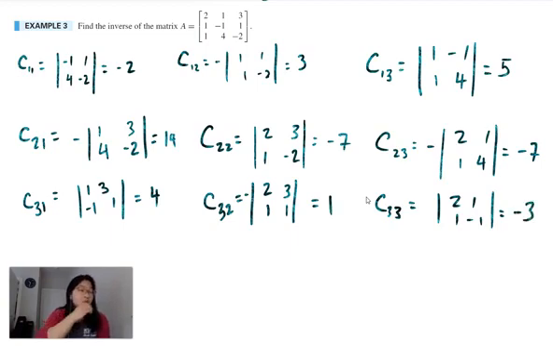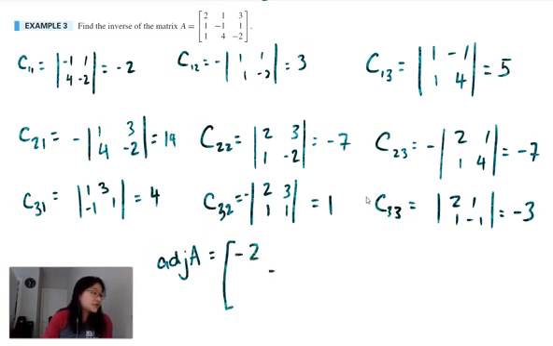So we can collect these into our adjugate, and so we're going to actually transpose all of these, so we get the adjugate is negative 2, negative 7, negative 3, and then we do 5, 4, this is 3, and 14, and negative 7, and 1.